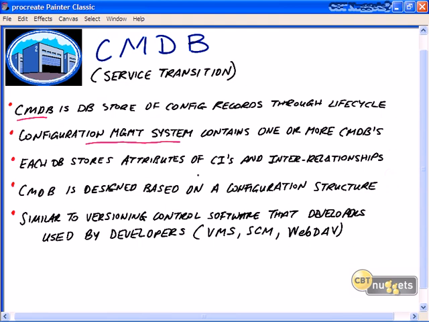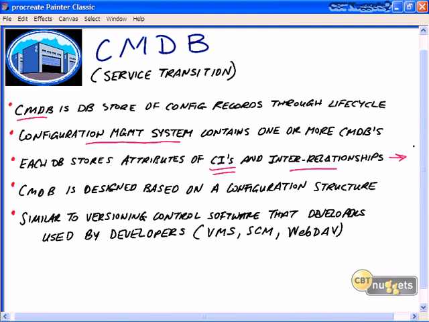So each one of these databases is going to store attributes of configuration items and their interrelationships. Let's take a sidebar here really quickly, and let's talk about some of these attributes of the CIs in the database. Now, this is not a database nugget, so I don't want you to get too bogged down in how databases function and operate. That's beyond the scope of this ITIL.